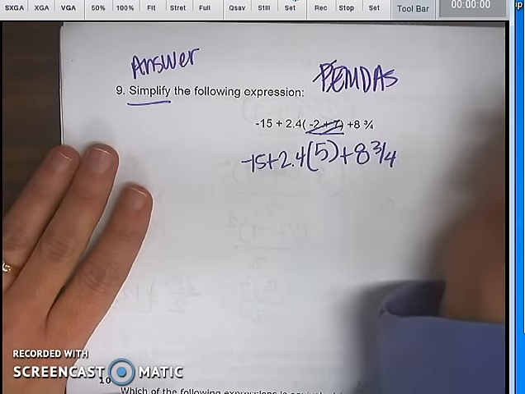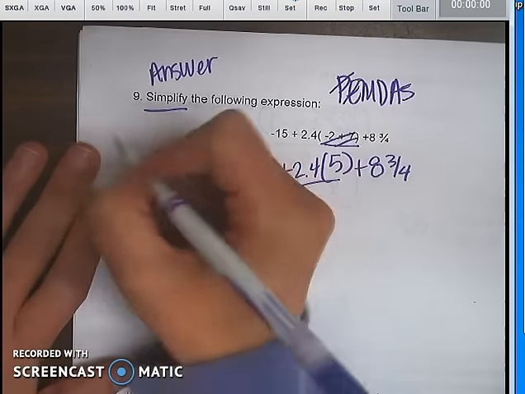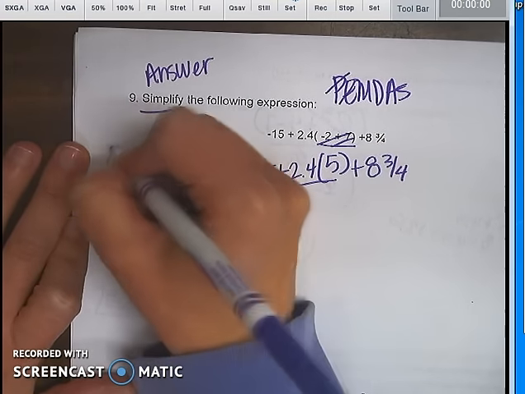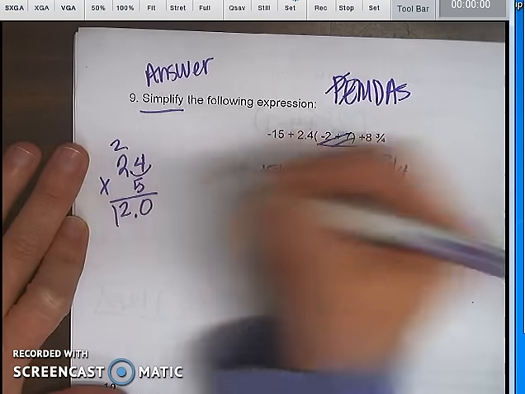Multiplying. I don't have exponents, so I need to multiply. I need to multiply 2 4/10 times 5. So 2.4 times 5 is 12.